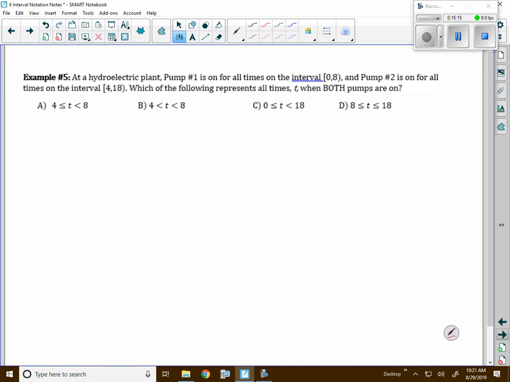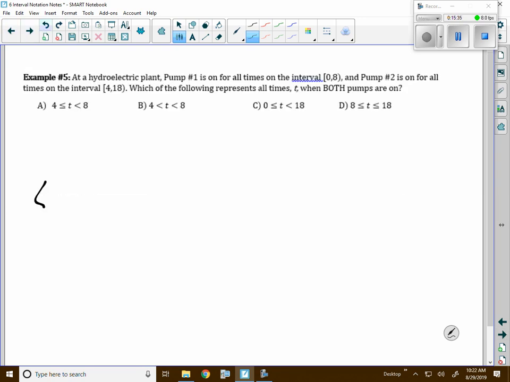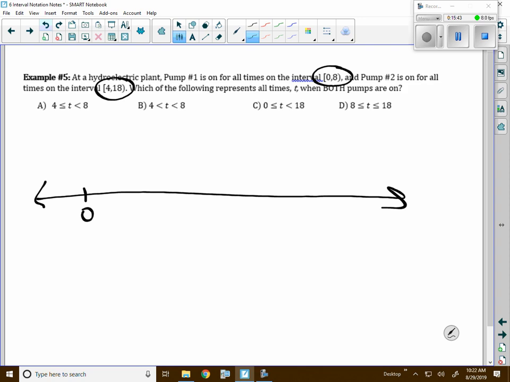I really think that visually it will benefit us to look at this, so we're going to draw a number line. Okay, we draw a number line, put 0 in the middle. Actually, you know what? Hope you used your pencil. We're going to erase that. We're going to put 0 over here, because if we look at what we're dealing with, we're dealing from 0 to 8 and from 4 to 18.